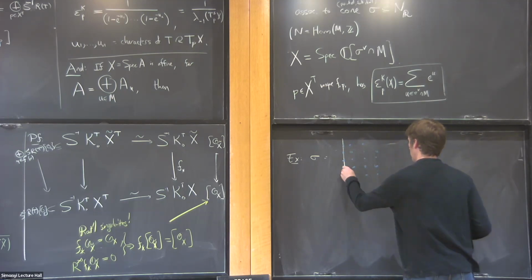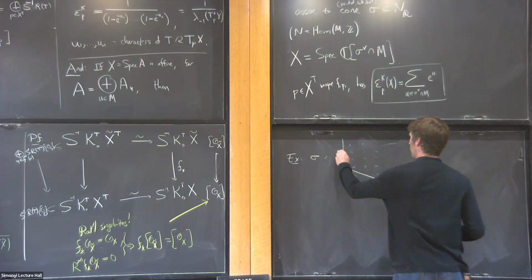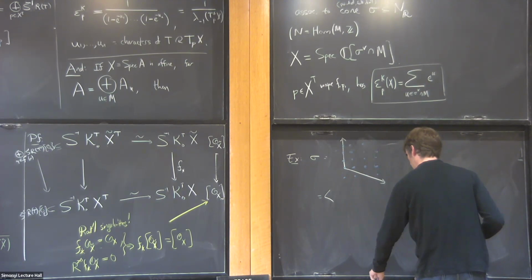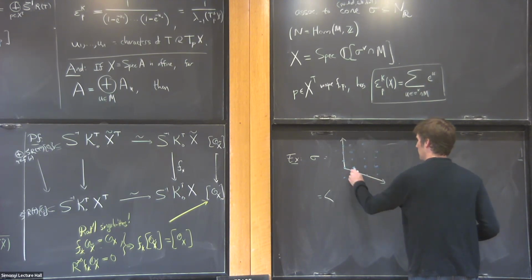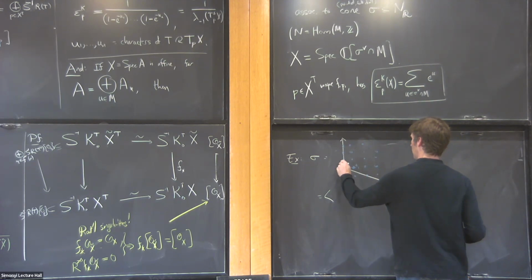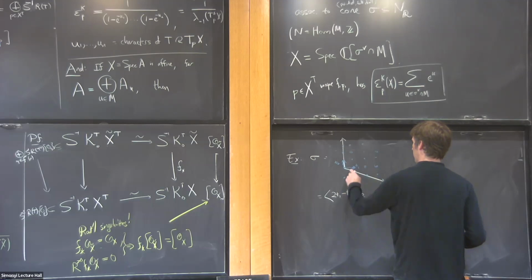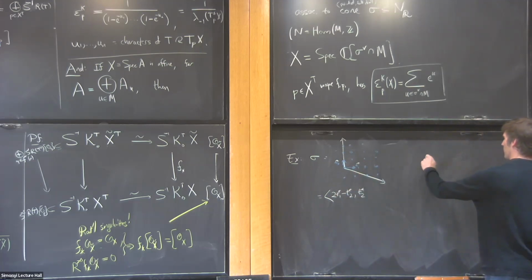Here's the cone. It's generated by, again, I'll use the standard basis T1 and T2. So the generators are 2 T1 minus T2 and T2. I didn't want to give these names; these are all duals, because the thing I really want to generate is the dual cone.